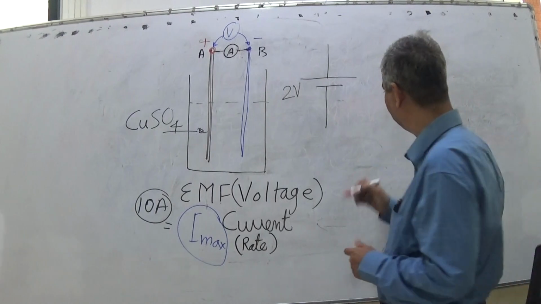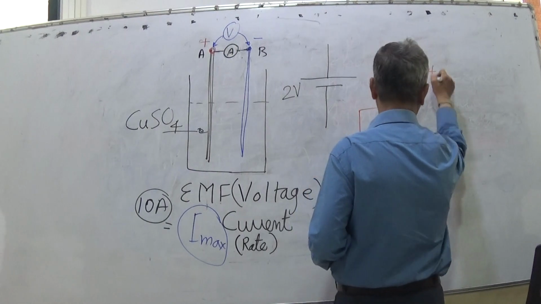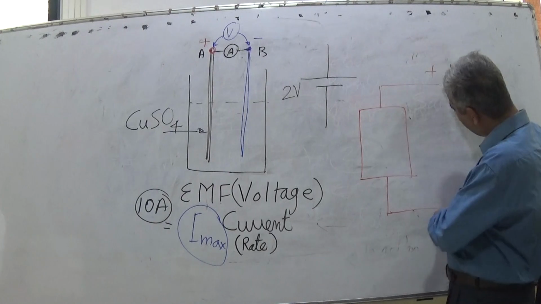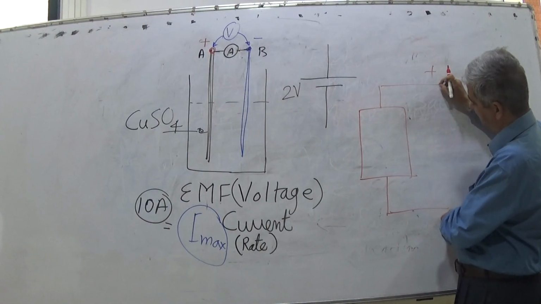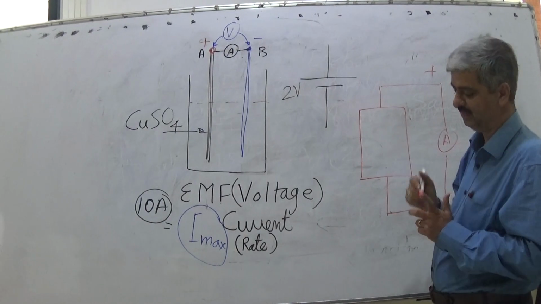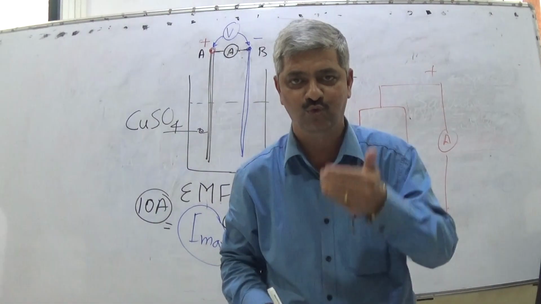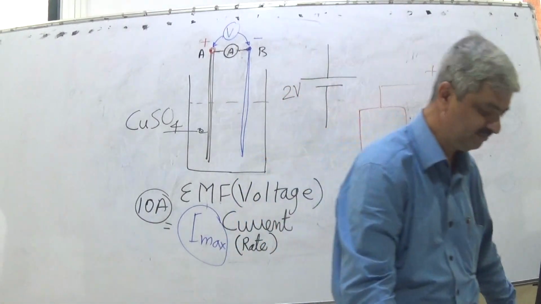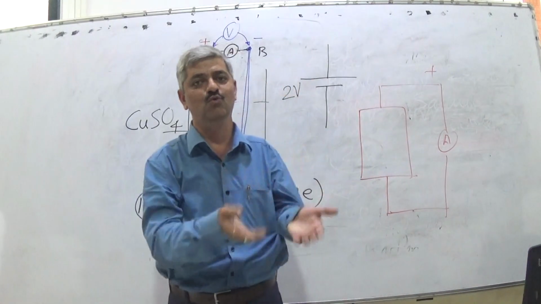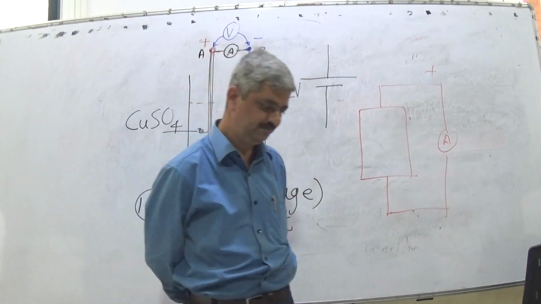So this is my battery cell, a positive terminal and a negative terminal. When I connect a voltmeter, I get 2 volts. When I short and connect an ammeter, I get 10 amperes. So open circuit voltage is 2 volts. Now I am coming to the conclusion. Open circuit voltage is 2 volts and short circuit current is 10 amperes.